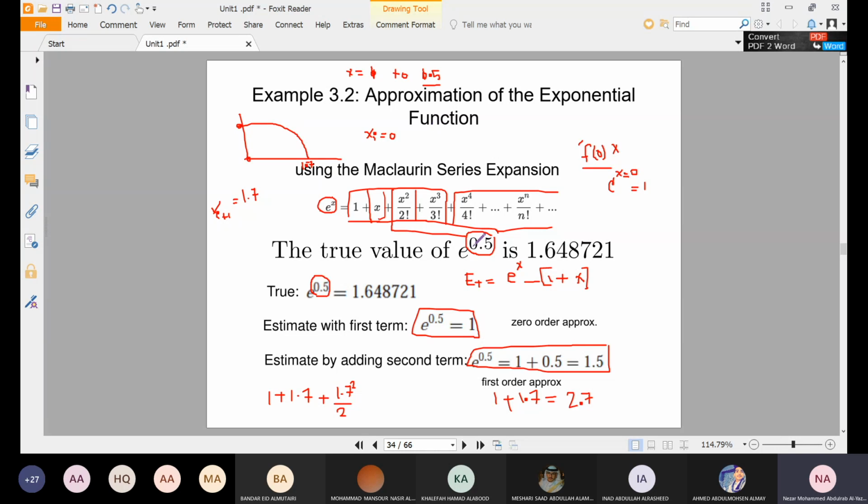So this is just the target. We want to estimate what the value will be if x equals 0.5. You ask me what the value of the function is when x equals 0.5. I don't know, I do approximation. Here we do approximation to get the value. Okay, clear?